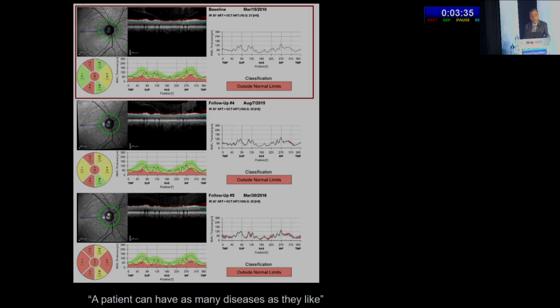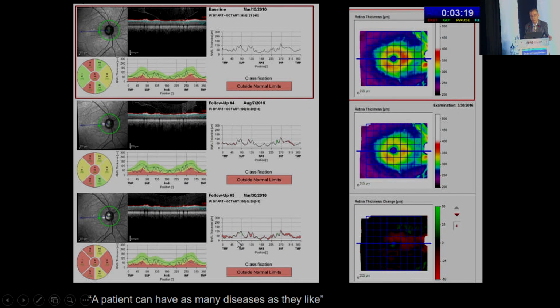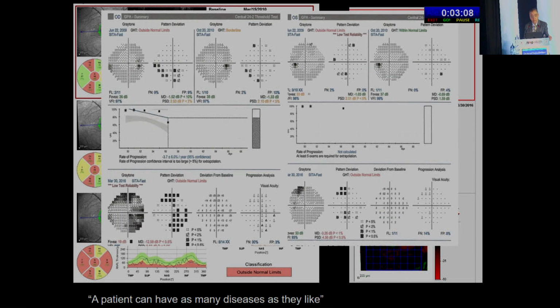Or this one that tells you that a patient can have as many diseases as they like. This is a patient whose baseline nerve fiber layer thickness in the right eye seems to be getting thin, mainly in the temporal region. You can see that the difference between the baseline and the next macular thickness is loss again in the papillomacular bundle. And then you can see that the visual field is getting worse.